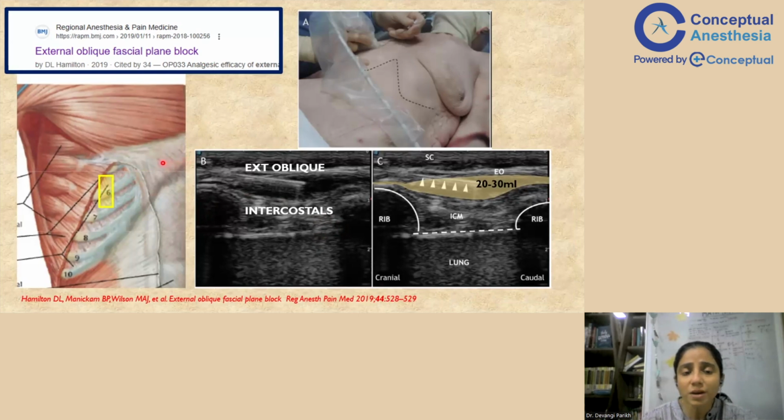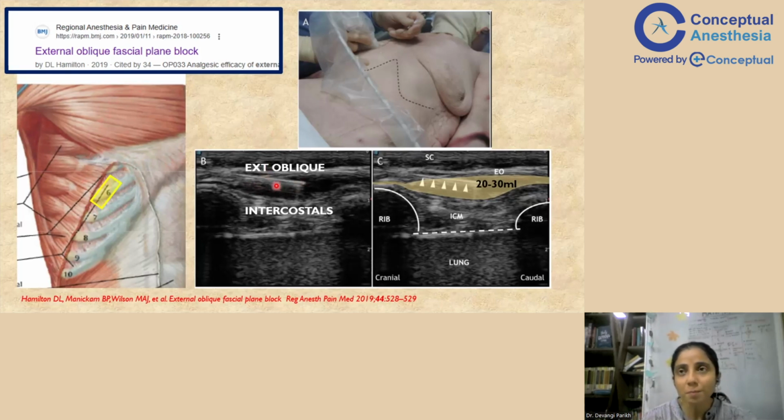He simply went from the xiphisternum in the parasagittal plane in the mid-clavicular line and placed the linear transducer there. Alternatively, we can count the ribs from the sternal angle and come down counting the ribs to the 6th costal cartilage. After that, he turned the probe obliquely such that the caudal end of the probe is facing towards the anterior axillary line. And then he injected between the external oblique and the intercostal muscle.